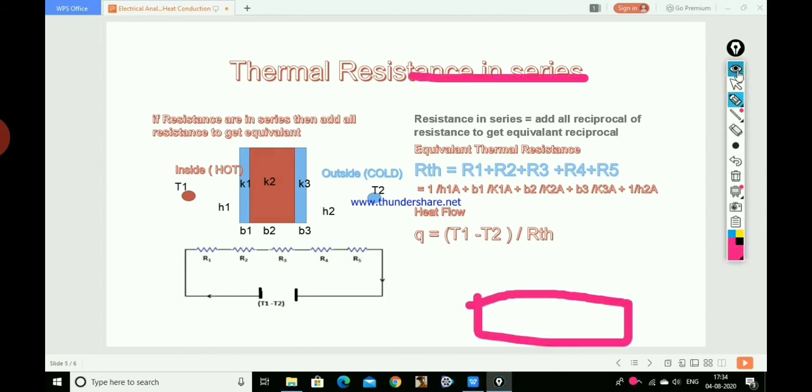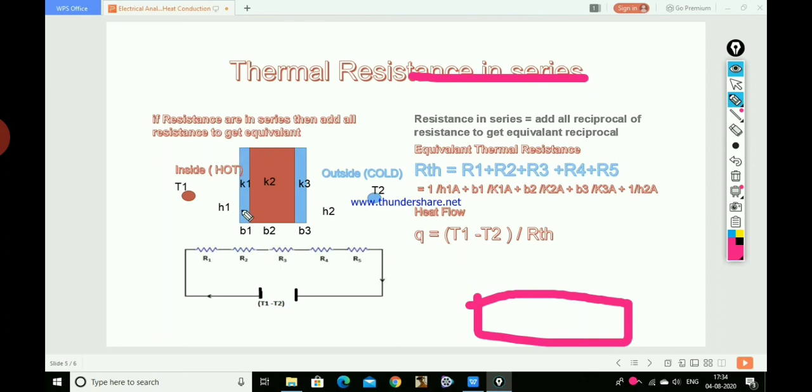Now if we have a simple wall, that is, the wall of our home, we have inside plaster, then the middle layer is bricks, and the outer layer is plaster. In such a case, we will draw the structure.